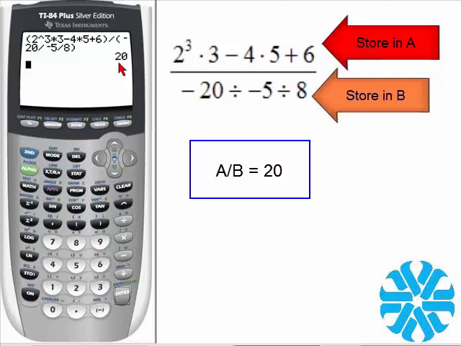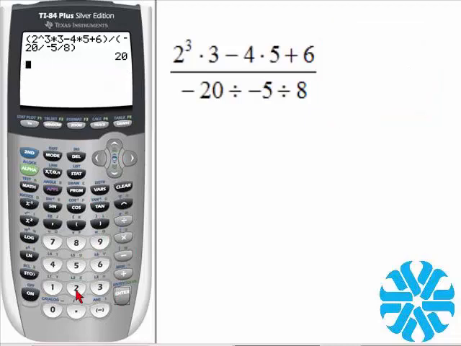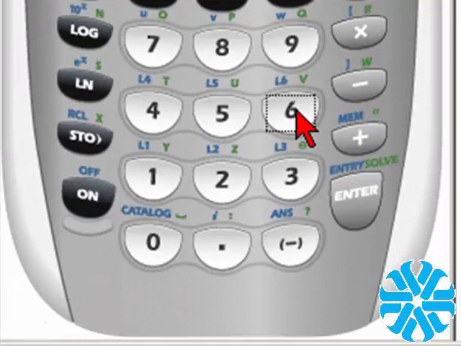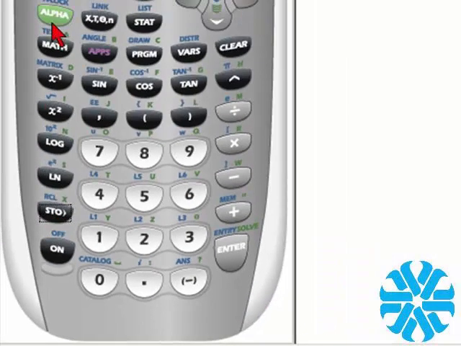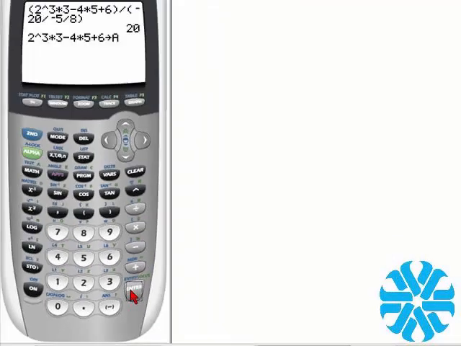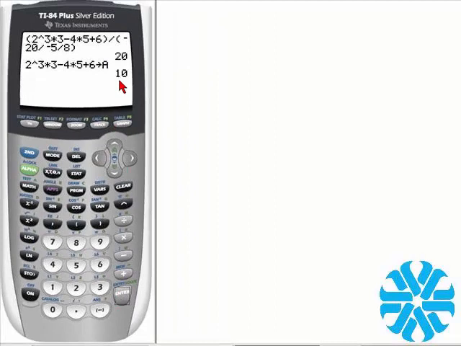So let's take the numerator, 2 raised to the 3rd power multiplied by 3, subtract 4 times 5 added to 6. And we're going to store that value, so we hit the store key, in A. So we hit alpha and then A. We hit enter, and there is the value of the numerator, which is stored in the memory register of A.